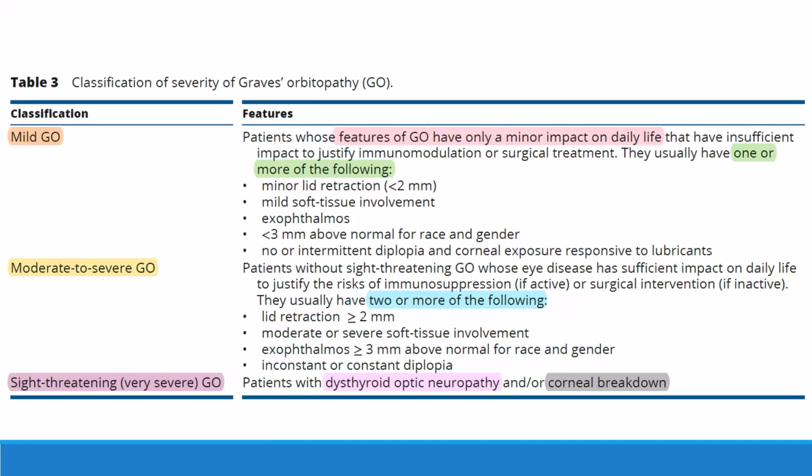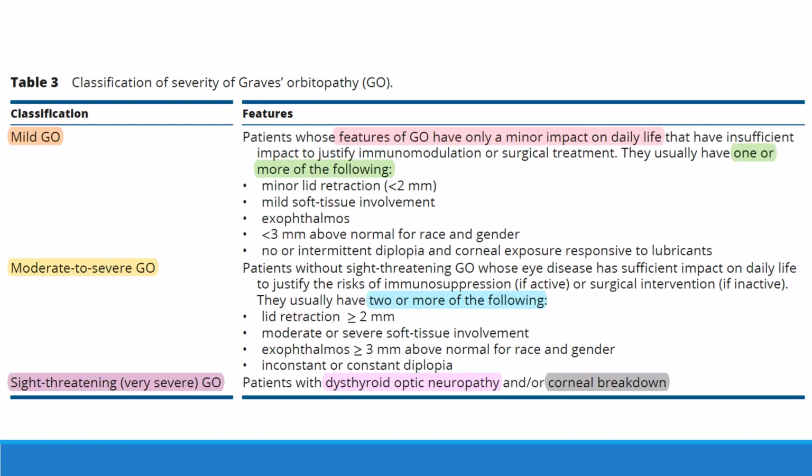We should refer this patient immediately. Mild Graves' orbitopathy has features that have only a minor impact on daily life. One or more of the following: minor lid retraction, mild soft tissue involvement, exophthalmos less than 3 mm above normal for race and gender, no or intermittent diplopia.